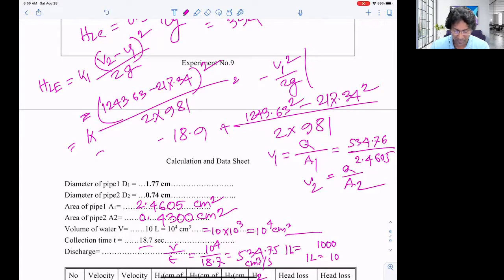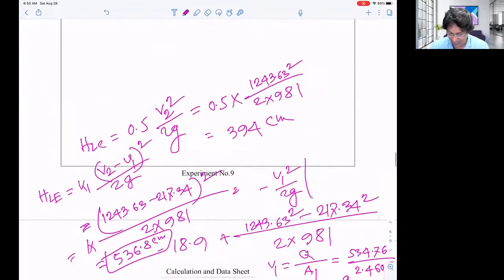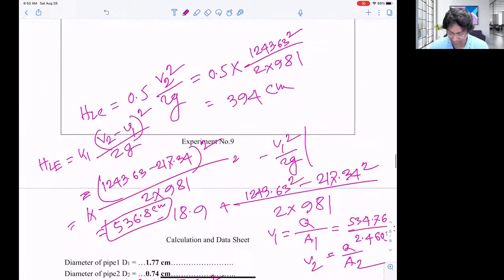So taking the difference, squaring it, dividing by 2, dividing by 981 and multiplying by 1, we are getting 536.8 centimeter. So compare this value with the value we have from that equation.